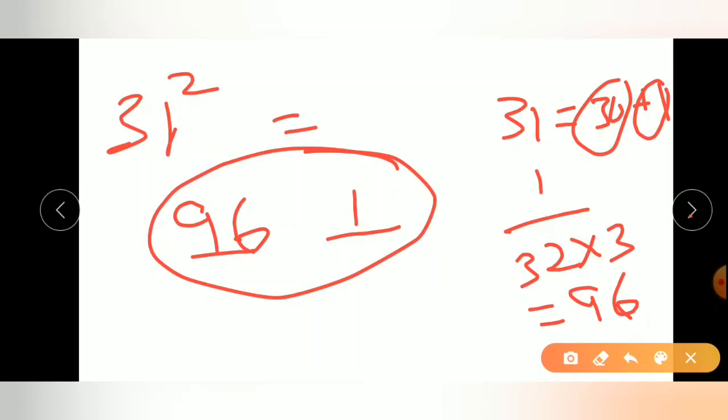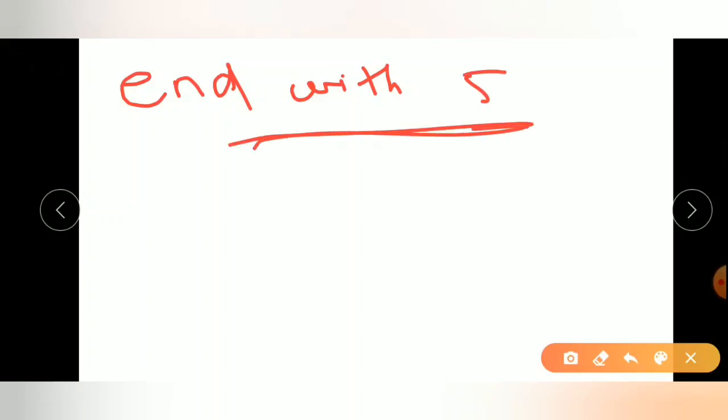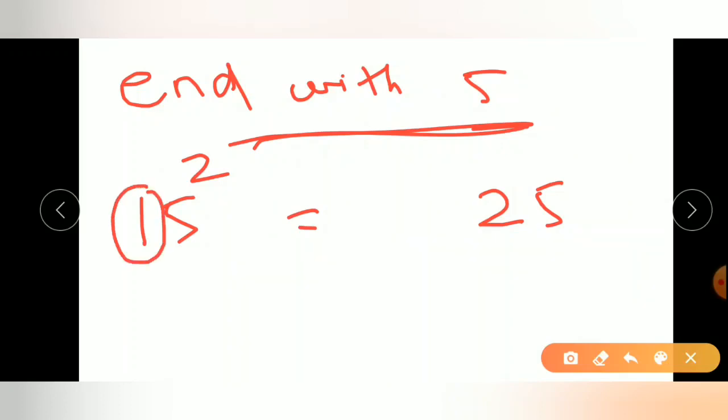Let's start another concept, which is numbers ending with 5. The number ends with 5 only, then only you have to use this formula. Let us assume the number is 15. We have to find out the square of 15. Then simply write 5 square, 25, and the number other than 5, that is 1.